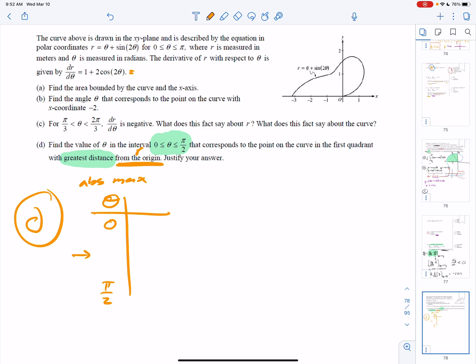We have the derivative here. We're going to set it equal to 0. You can do that by hand, but I'll cheat a little bit and just use a calculator. I'm going to y equals, and I'm typing y1 as 1 plus 2 cosine 2 theta, 2x.